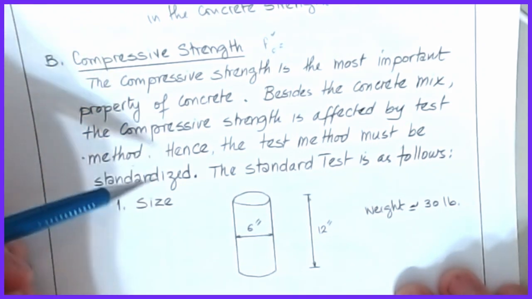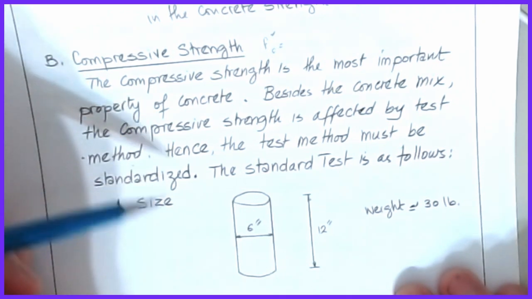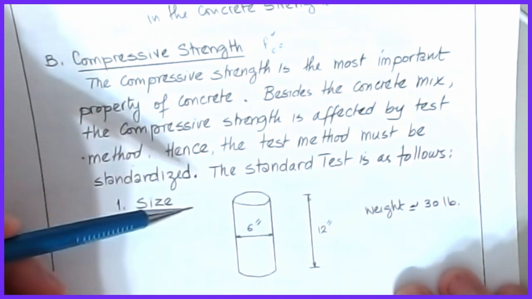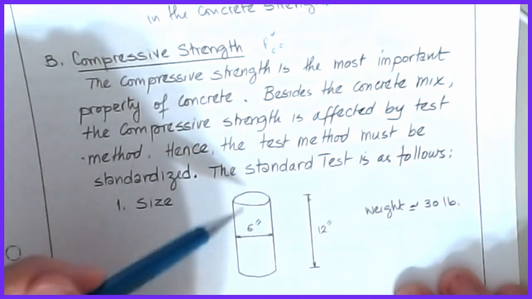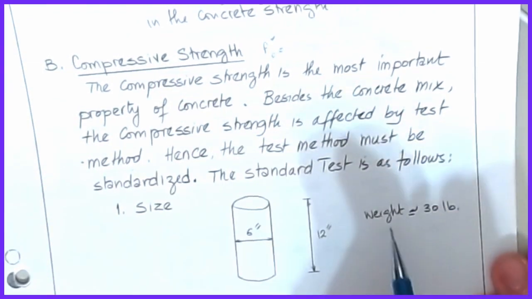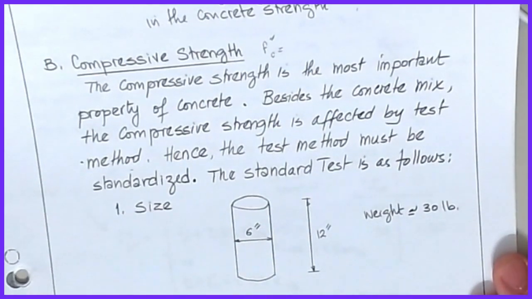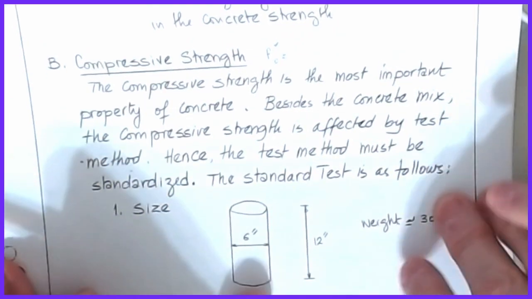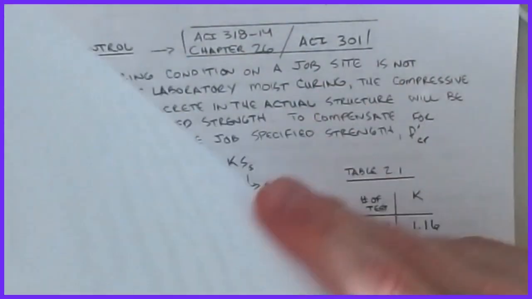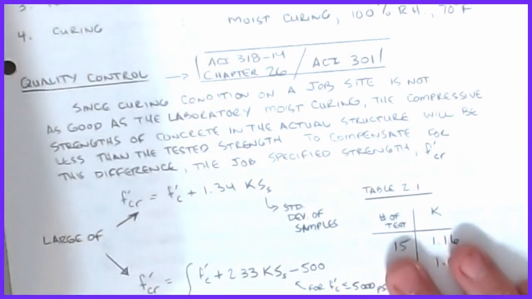This test is standardized. There's an ASTM spec that governs this, but the standard cylinder is 12 inches tall and 6 inches in diameter, and has a weight of approximately 30 pounds. Again, that's for normal weight concrete. And so that would be our standard cylinder size for the compressive strength.